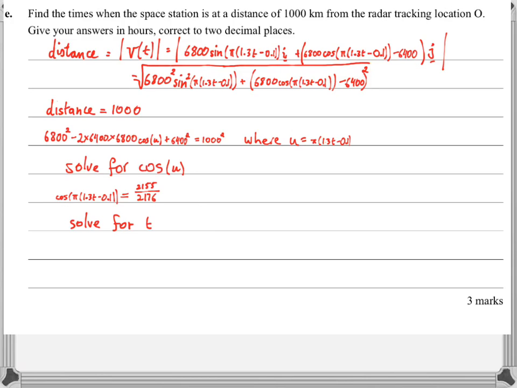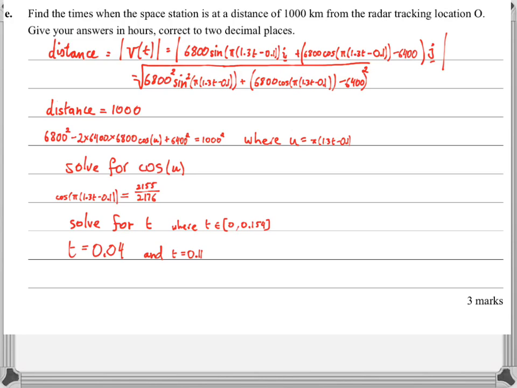Then I solve this for t, where t is across some restricted domain. That's from the information at the start. So again, I set up a solve function of this expression here in the CAS, and I solve for t, and then I include my restricted domain. If I don't do that, I'm going to get some general solution that the CAS is going to give me.